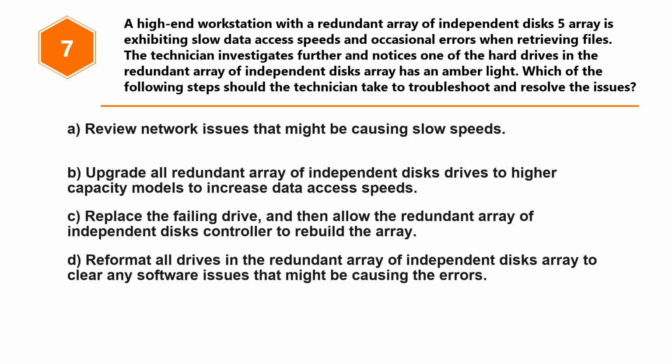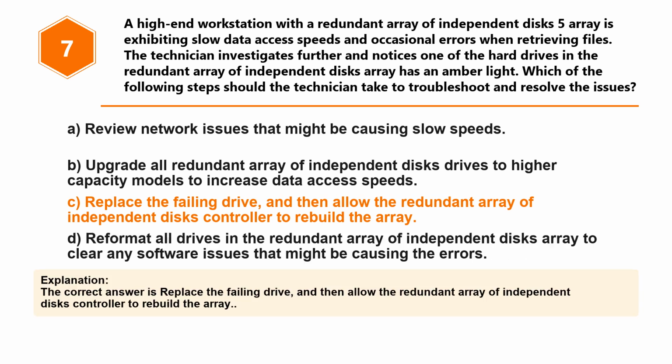Option C, Replace the failing drive, and then allow the redundant array of independent disks controller to rebuild the array. Option D, Reformat all drives in the redundant array of independent disks array to clear any software issues that might be causing the errors. The correct answer is option C, Replace the failing drive, and then allow the redundant array of independent disks controller to rebuild the array.